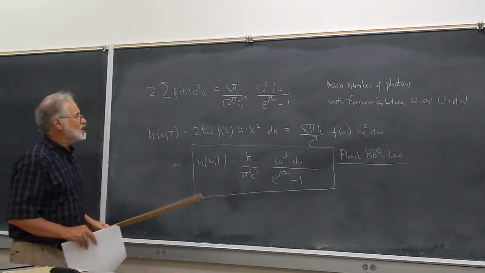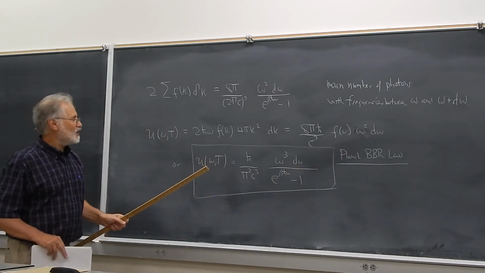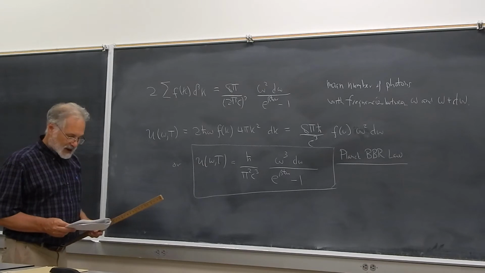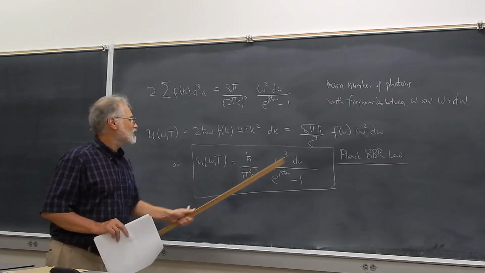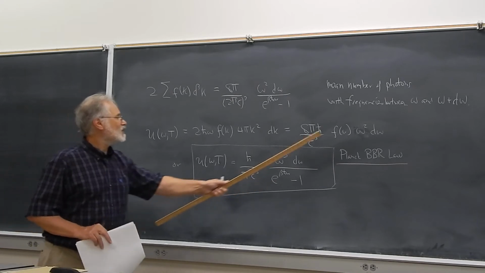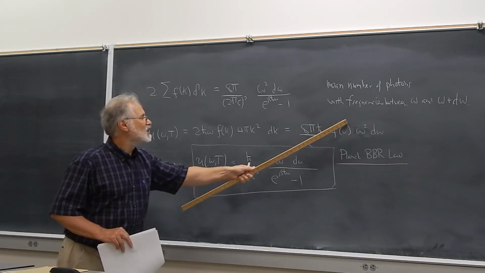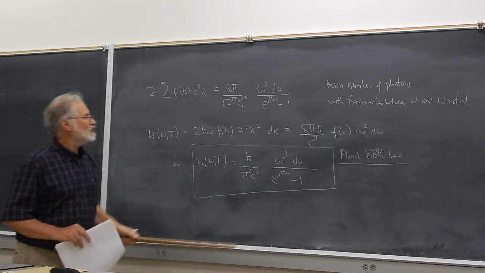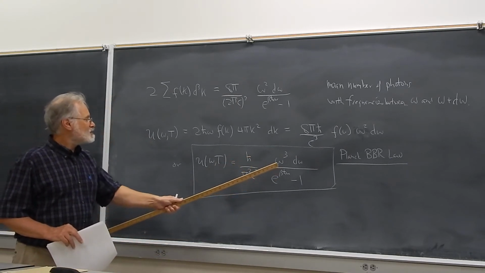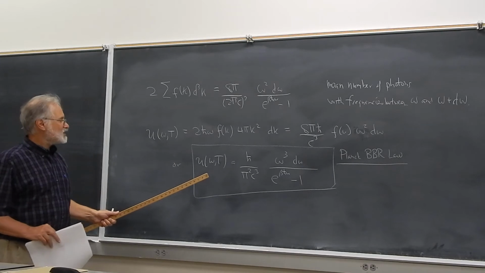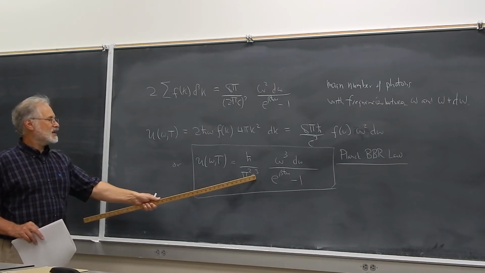So this is the energy per volume. I can then put in my expression for the photon distribution, or Planck distribution. If I do that, I have an expression for energy density that looks like this.